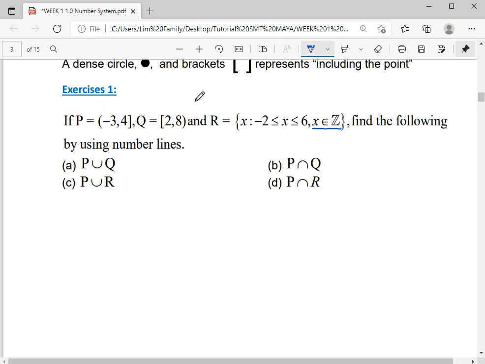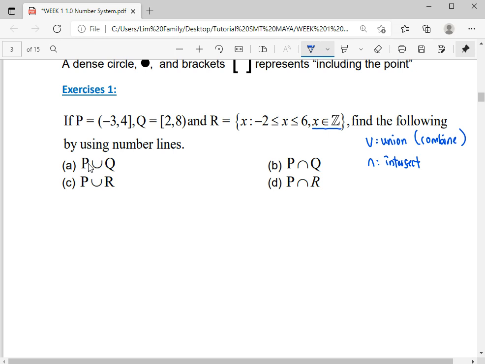Okay, so we just go to the normal ones, the easy questions like P and Q. How are we going to draw them? And union. U means union, so it means combine. And ∩ means intersect between these two intervals.